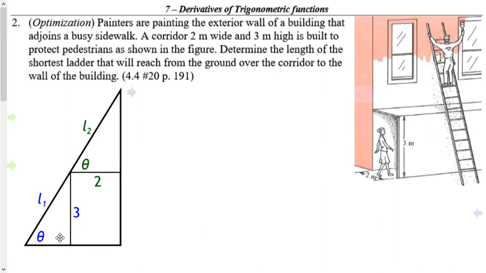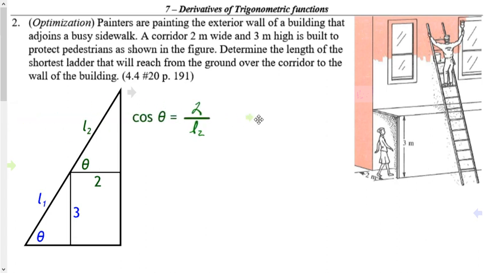Therefore, the angle between horizontal and the hypotenuse is the same for the green and for the blue. And then we have these lengths. So this width is 2, this height is 3. What we want to do is minimize this total length. So I've broken it down into length 1 and length 2.